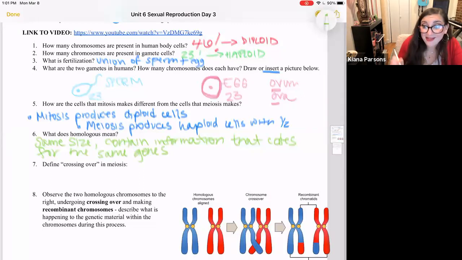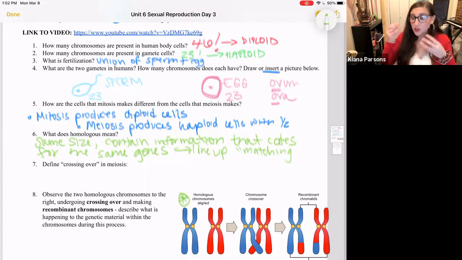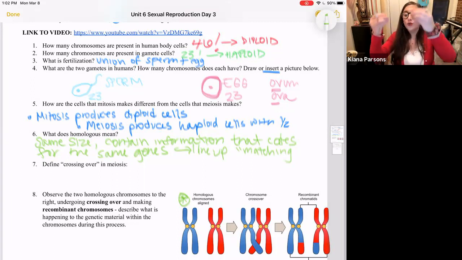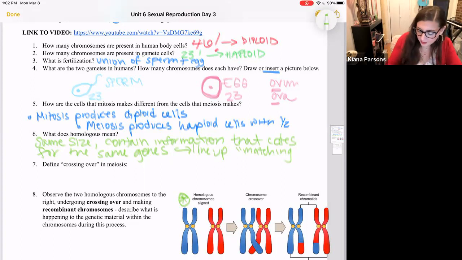These are the chromosomes that line up for crossing over, as you can see in this image here below. They line up, and you can think of it like matching chromosomes. They don't have exactly the same DNA. They don't have exactly the same genetic information, but they code for the same genes.